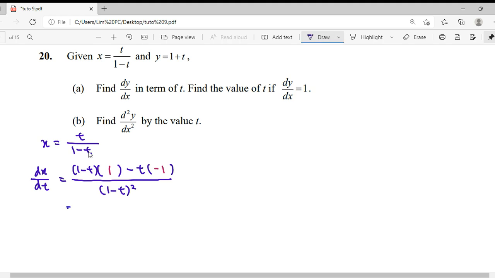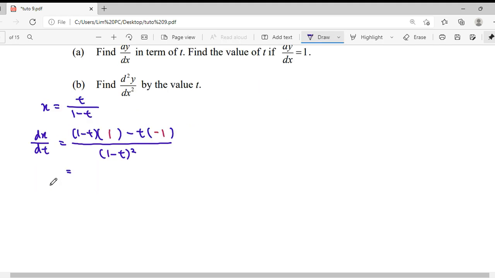So we simplify this because we need to inverse dt dx in parametric differentiation. So we expand this, 1 minus t, here will become plus t, so it becomes 1 over 1 minus t squared.